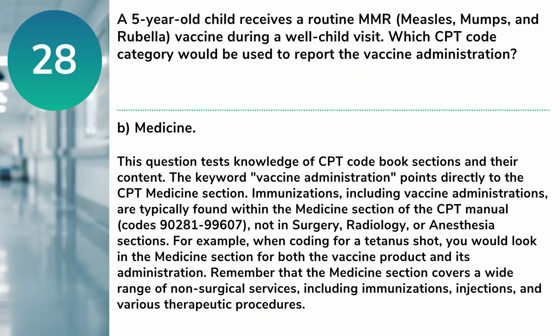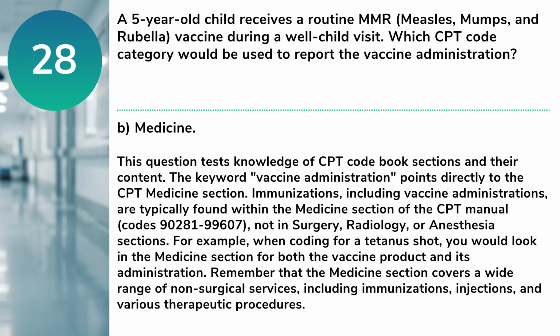The keyword vaccine administration points directly to the CPT medicine section. Immunizations, including vaccine administrations, are typically found within the medicine section of the CPT manual, codes 90281 to 99607, not in surgery, radiology, or anesthesia sections.